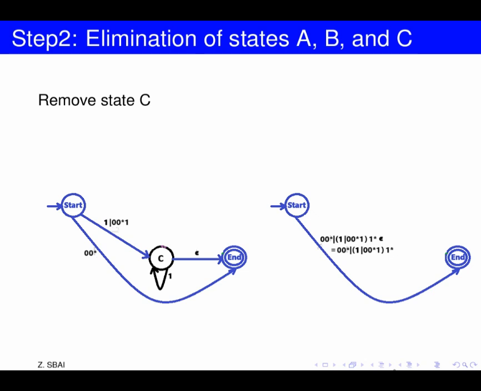The result is shown on the automaton to the right, where we'll have a transition from start to end with the regular expression that is in fact the union between 0, 0 star and 1 or 0 0 star 1 concatenated to 1 star concatenated to epsilon. And this may be simplified to the following regular expression.